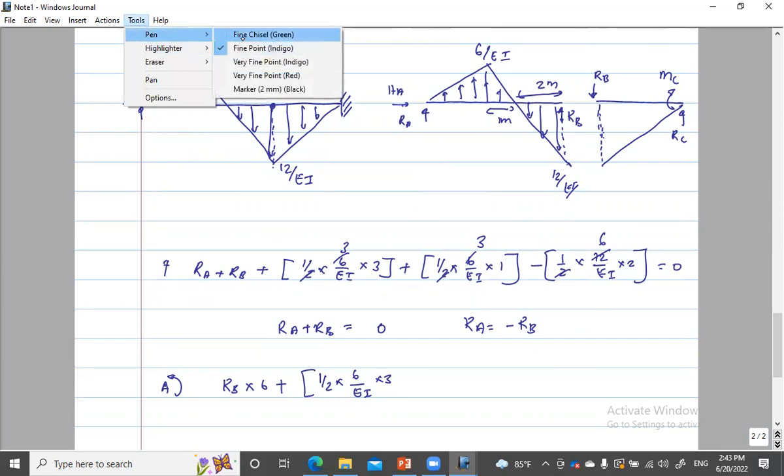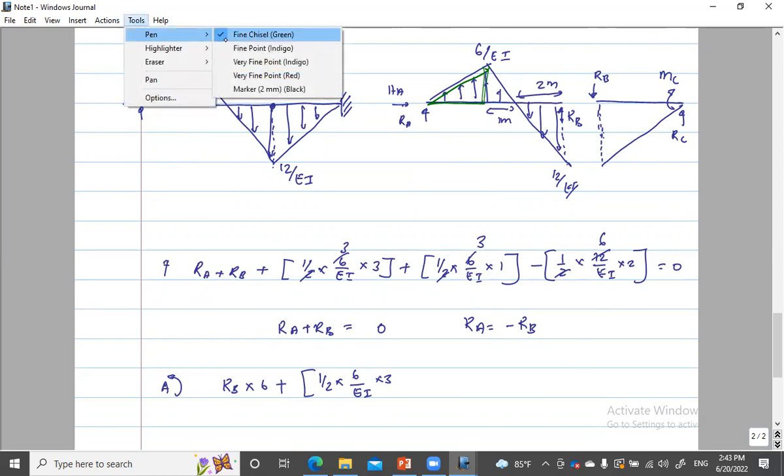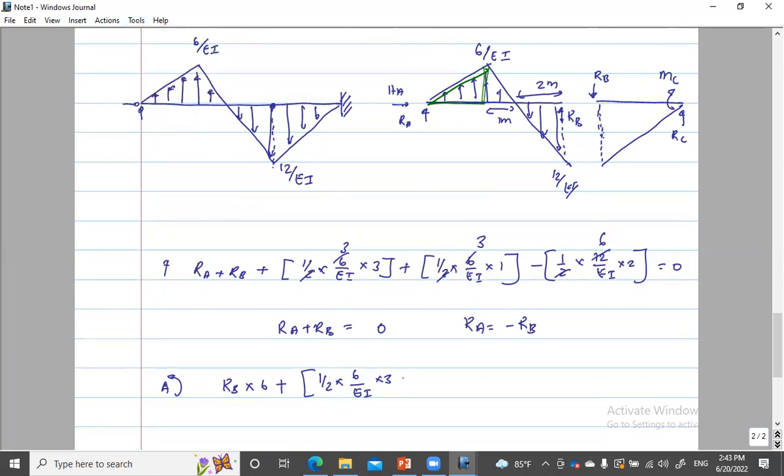I don't know whether you can see the colors. So one is this part, the other one is the small part. The distance to that is 2 meters. So that is the moment.